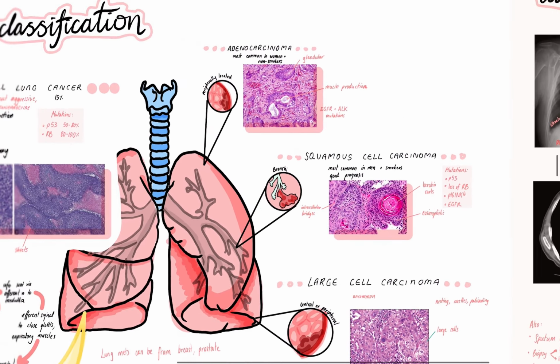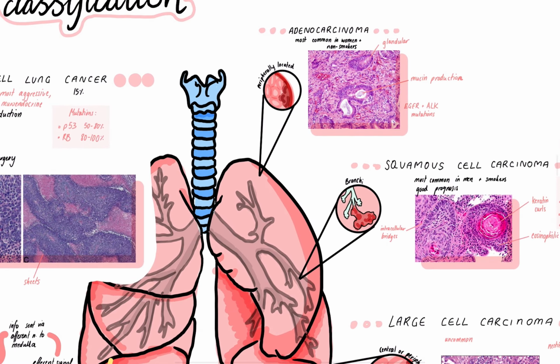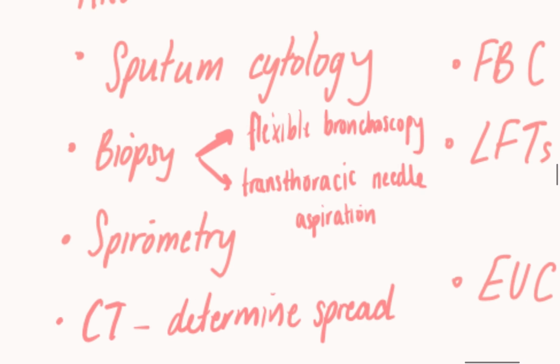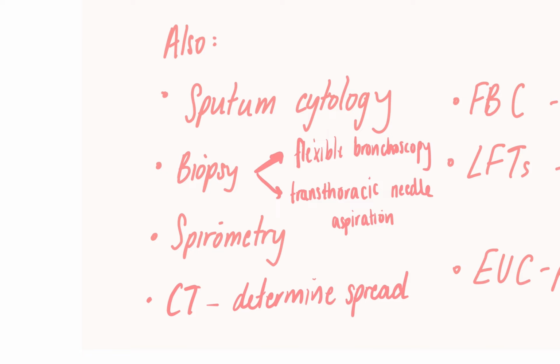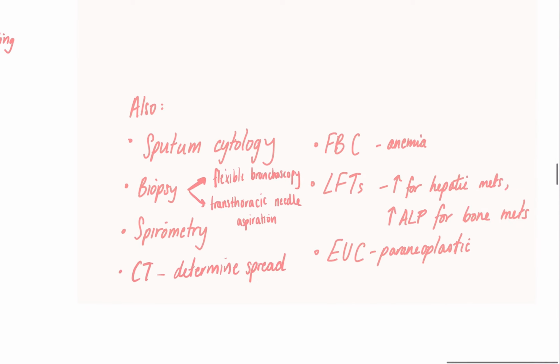In the case of more peripheral tumors, such as adenocarcinomas, you can actually go from the outside of the skin and go transthoracically to take a needle aspirate of the lung tissue. It's important to note though that a negative lung biopsy does not exclude disease, because sometimes the cells are so small or the tumor is so small that you might completely miss the malignant cells.